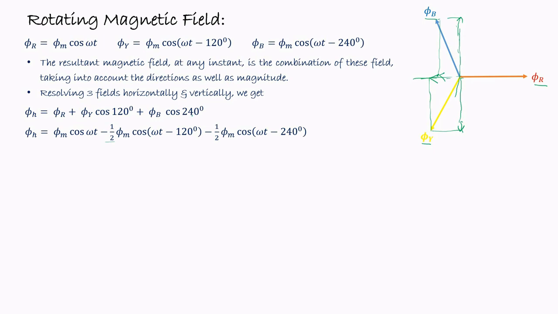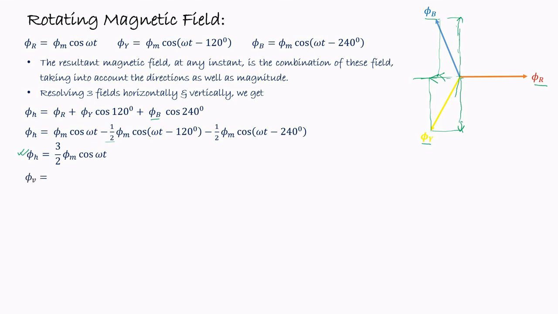Similarly, the value of cos 240 degree is minus 1 by 2, and the phi b is phi max cos(omega t minus 240 degree). If we simplify this, then finally we'll get the horizontal component of the resultant flux phi h, and it will be equal to 3 by 2 of phi max cos omega t.